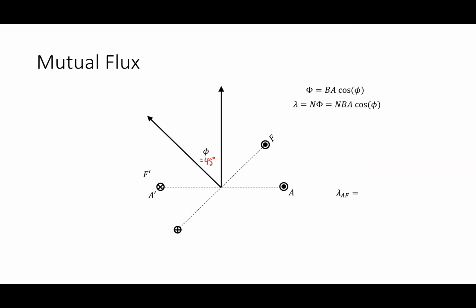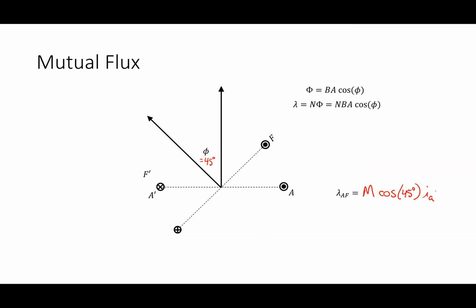M times what? Shifted, yeah, so basically now it's M times cosine of 45 degrees times IA. Right, so in other words, that says that there's a little bit less flux passing through this thing. The total amount of B field passing through there has been reduced.